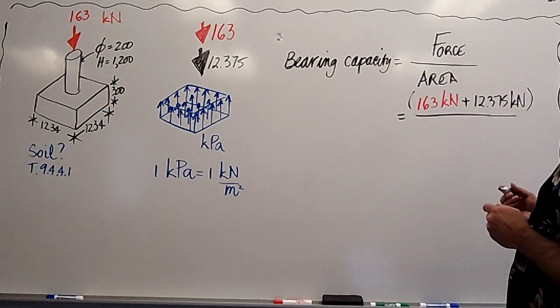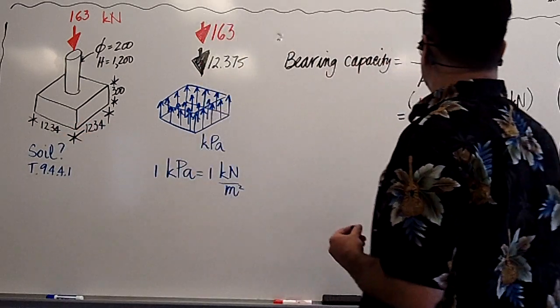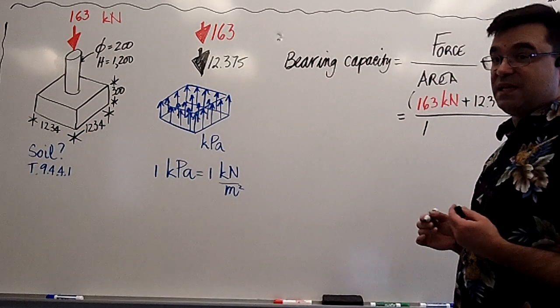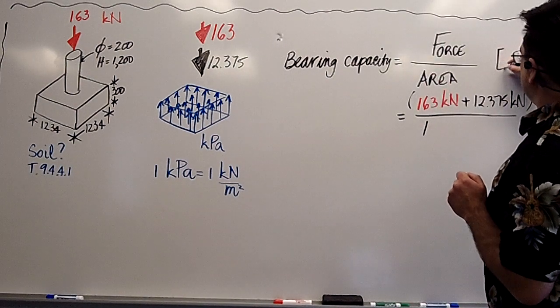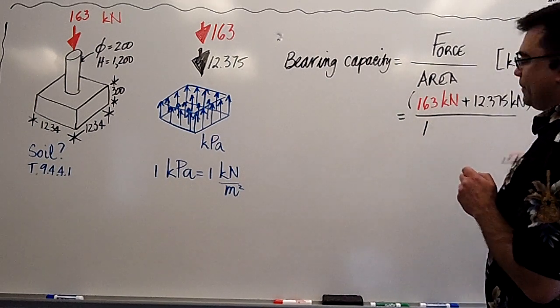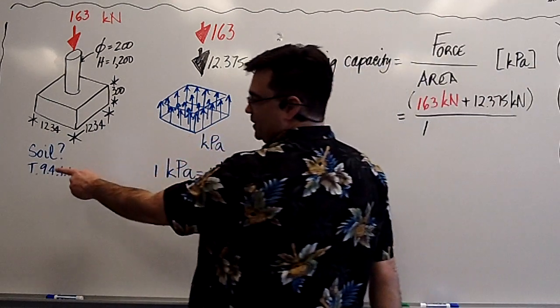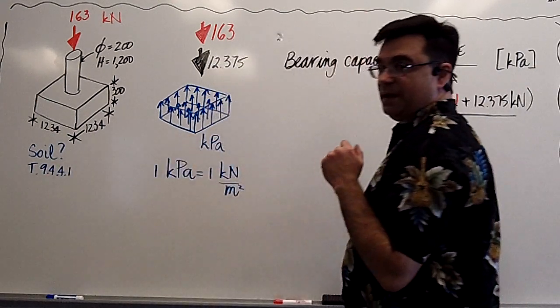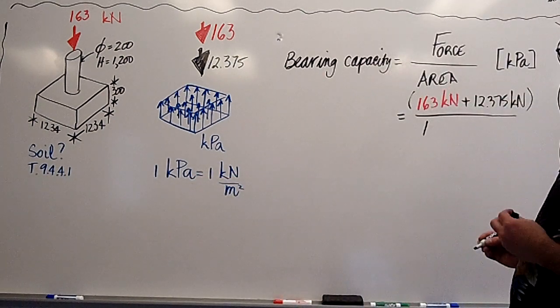And then the area. The area is this, length times width. So I'm going to do this in meters again, because we want to get an answer in kPa. Right, go back to example number 1 to see where this is coming from, because kPa is the units that are in this table, and kPa is kilonewtons per meter squared.